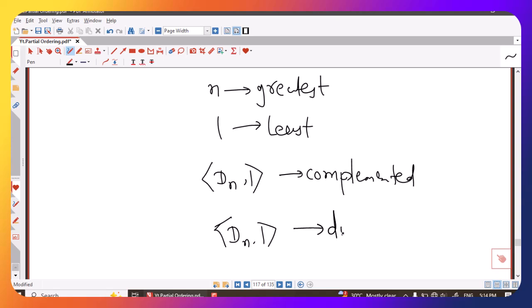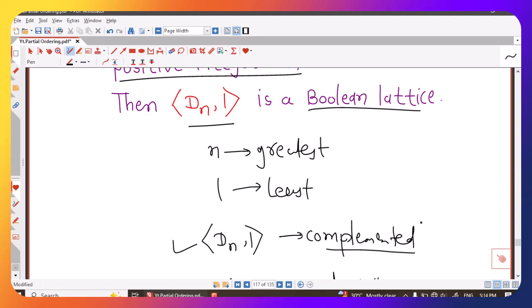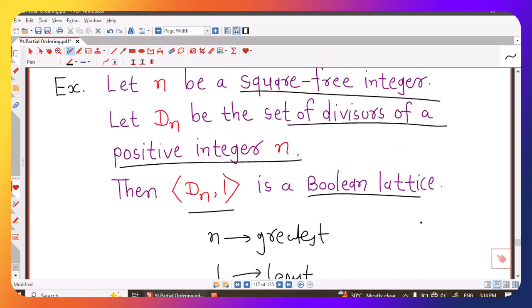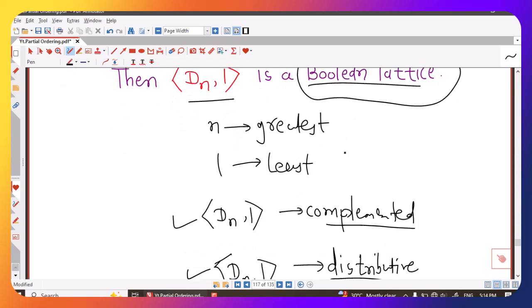So we have proved all these things in earlier lectures, therefore we are not proving here why Dn with divides relation is complemented, why it is a distributive lattice, why it is a bounded lattice. But if they ask you to prove that Dn with divides is a Boolean lattice, then you have to prove these three things.